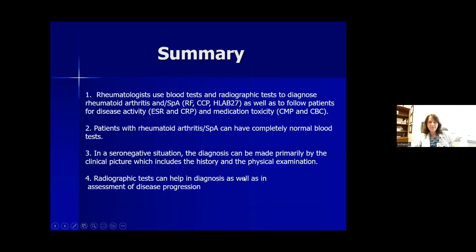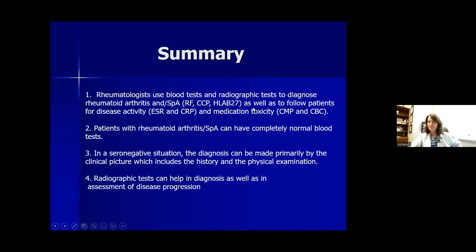So in summary, we'll have lots of time for questions. Rheumatologists use blood tests and radiographic tests to diagnose rheumatoid arthritis and/or spondyloarthritis. And the specific labs we spoke about were rheumatoid factor and CCP for rheumatoid arthritis, and HLA-B27 for spondyloarthritis.